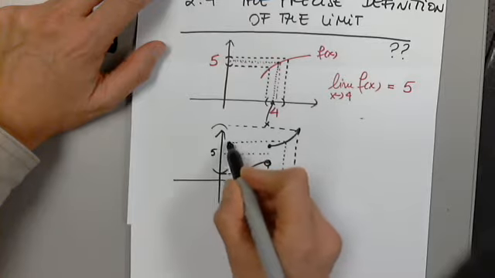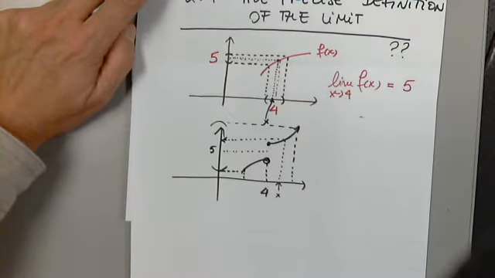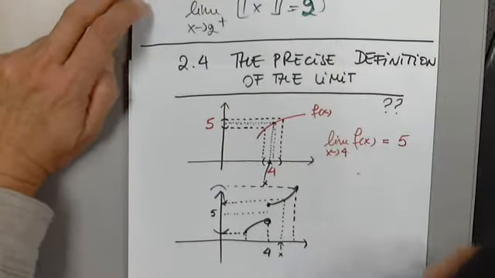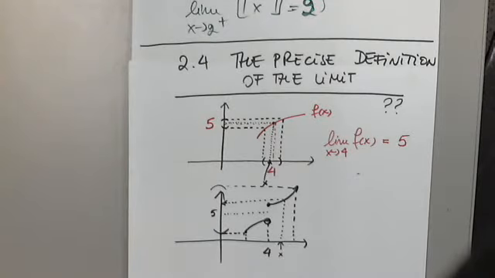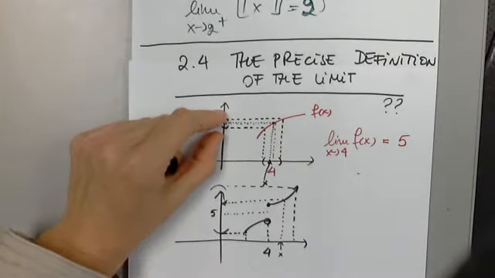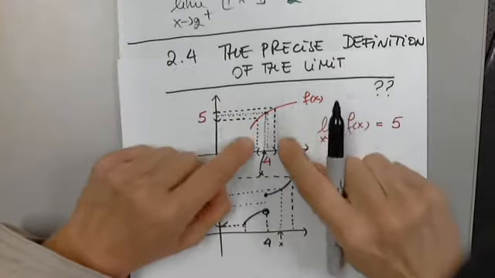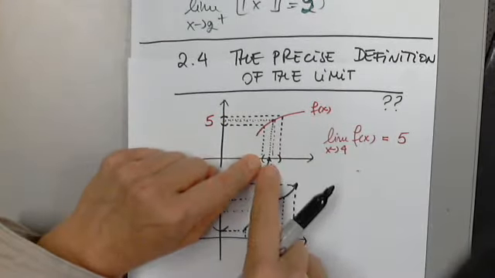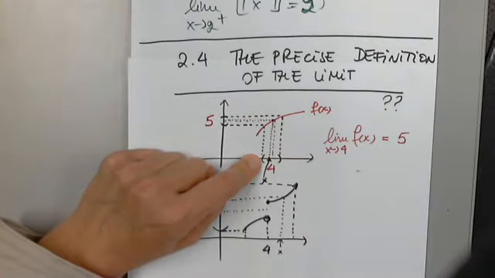Where will it fall? Correct. But the difference between these two is the words for any. This one says for any interval you want, as small as you want it to be, you will find the interval around 4, such that if you pick x here, it will fall within tiny distance from 5.